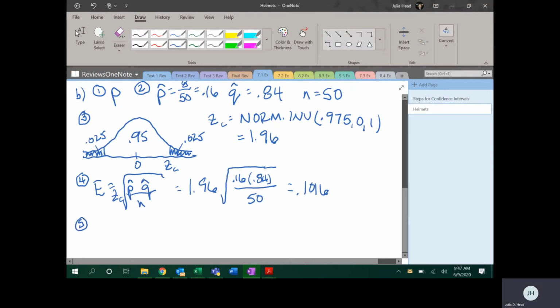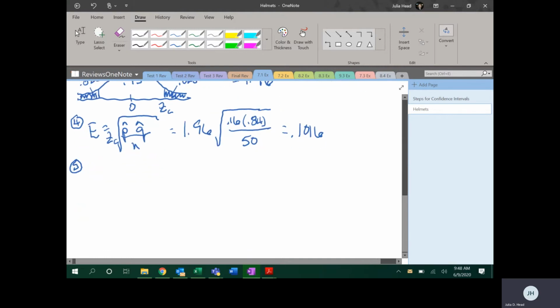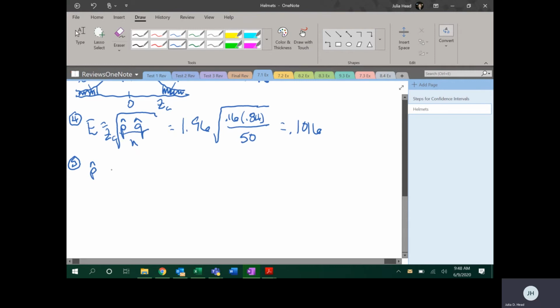And then not the last step, but the last calculation is the confidence interval itself, which is p hat minus e less than p less than p hat plus e. So remember p hat was 0.16.